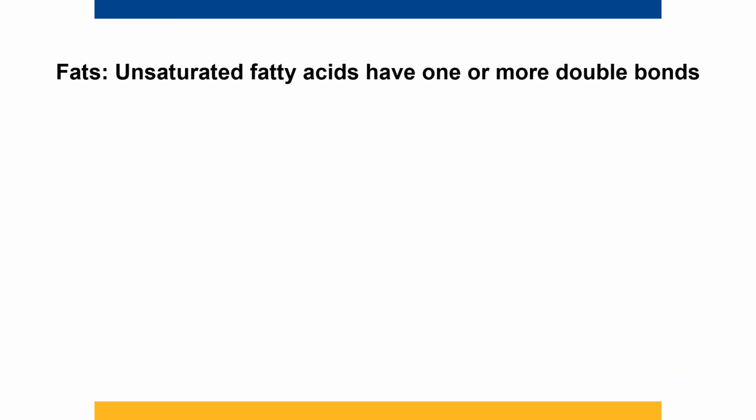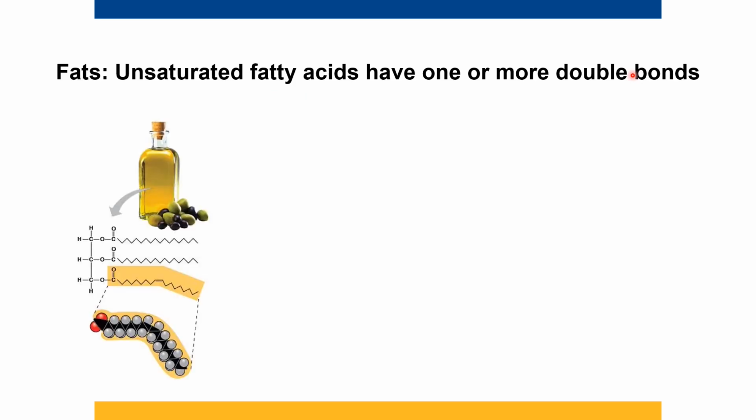In this slide, I'm going to show you in more detail why unsaturated fatty acids have one or more double bonds. To make it much more clear, an example of an unsaturated fatty acid is in olive oil, and this is oleic acid.